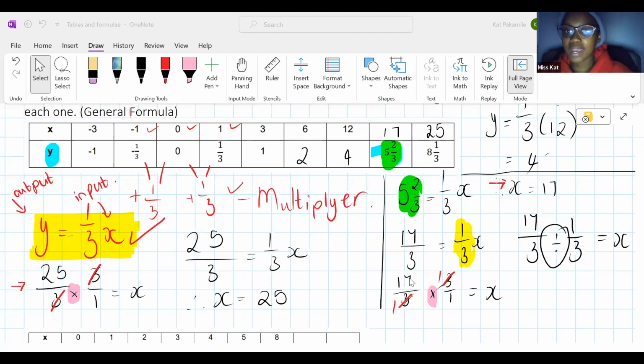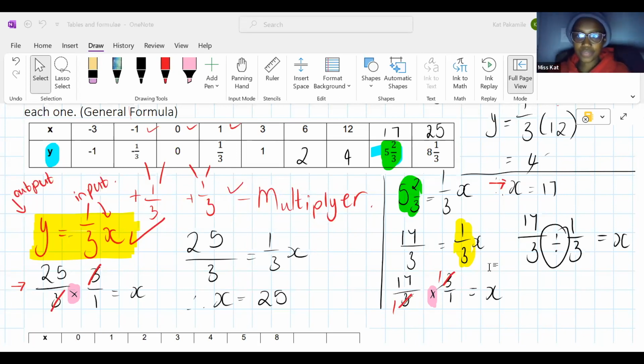Then I just made it an improper fraction. To get rid of a multiplication, what's the inverse of multiplication? Division. So if you had times 1 over 3, you have to divide by 1 over 3 to get rid of it on both sides.